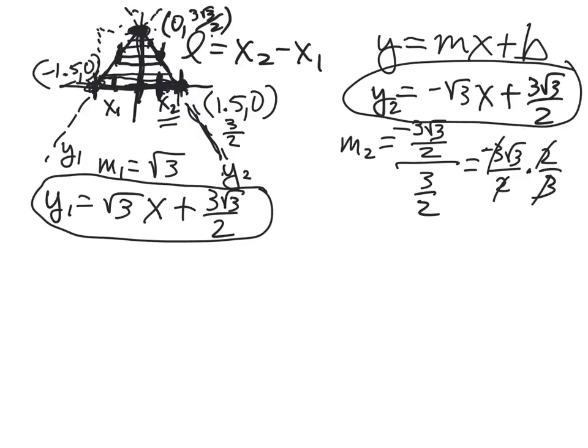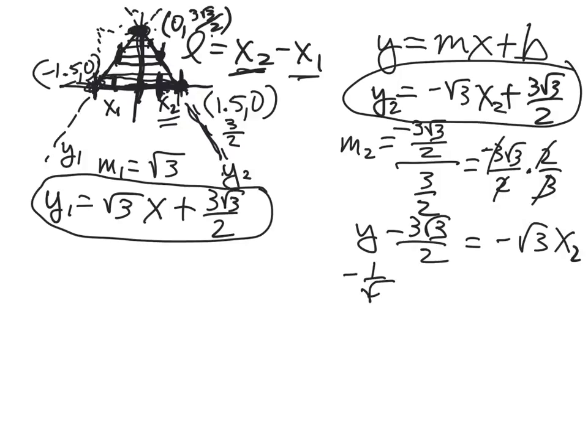But we don't need the length in terms of x. We need to see what x equals in terms of y. So solve each one of these. Okay. Not squared, but x sub 2. And divide by negative square root of 3.